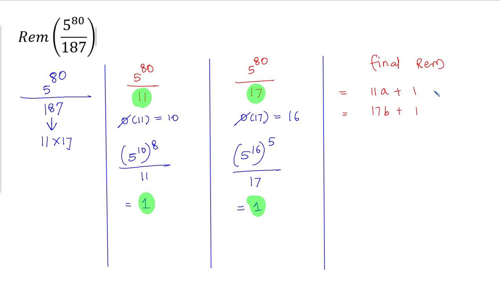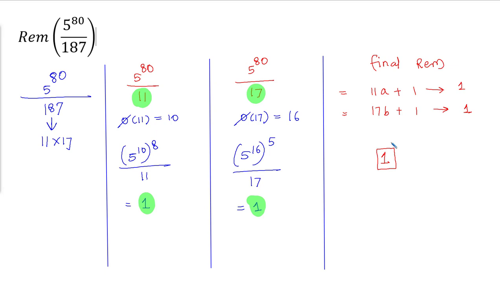Over here if I put a is equal to 0, it is 1. If I put b is equal to 0, it is 1. So 1 is the smallest possible number which satisfies both conditions. So our final remainder is going to be 1. Okay everyone, this is how we can solve the remainder questions by using Chinese remainder theorem.